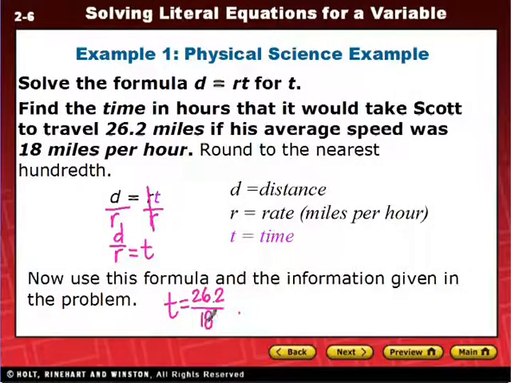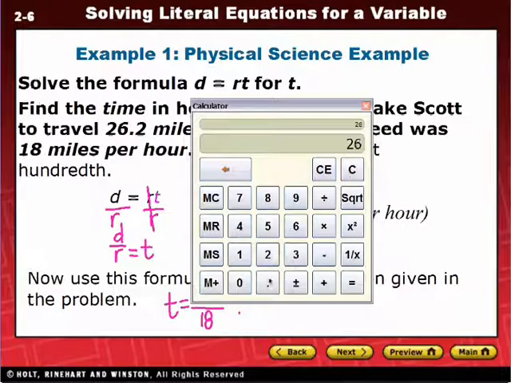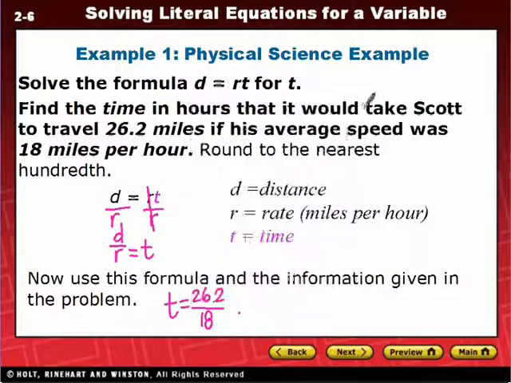Now that is not a very nice math problem to do in my head, so let's pull up our calculator and clear it out. And we get 26.2 divided by 18 equals 1.455555 forever, and it has asked us to round it to the nearest hundredth, so 1.46.